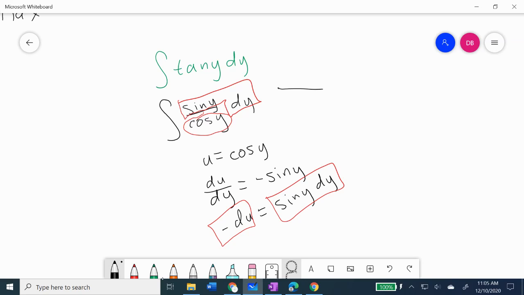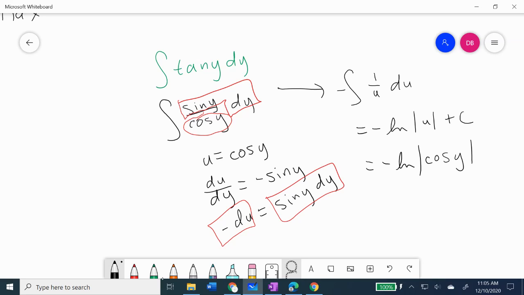Now this is equal to the integral of 1 over u times negative du. I'm ready to integrate: negative natural log of absolute u plus c. Put the u back in. And there's the formula.